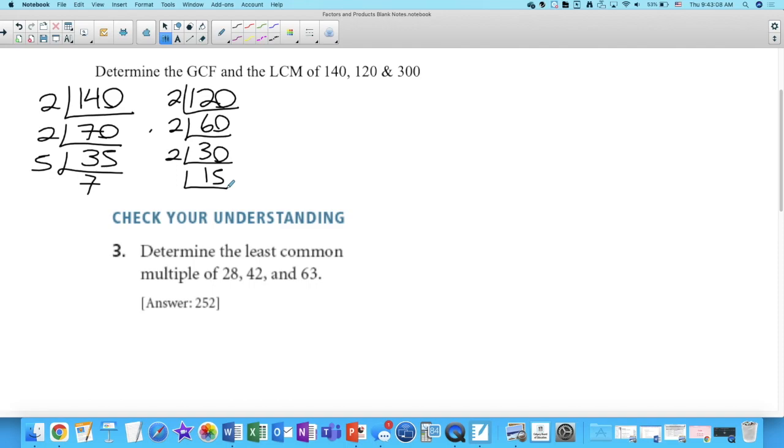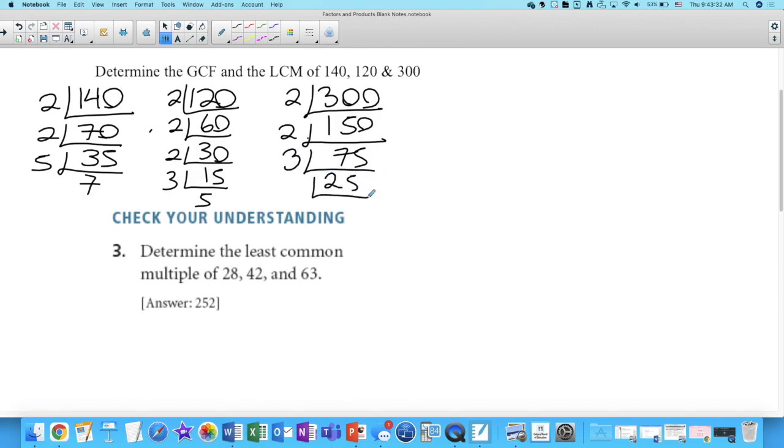Okay, and then finally, 300 is also even, so I can divide that by 2 and I get 150. And I can divide that by 2 and I get 75. And 75 is divisible by 3. It's 3 times 25. And then this is 5 times 5.